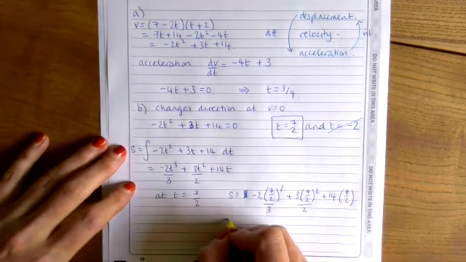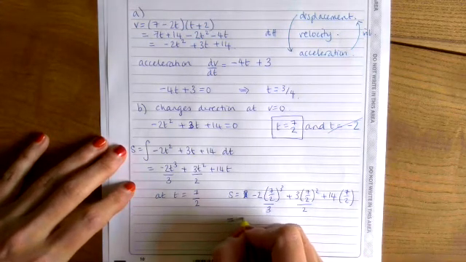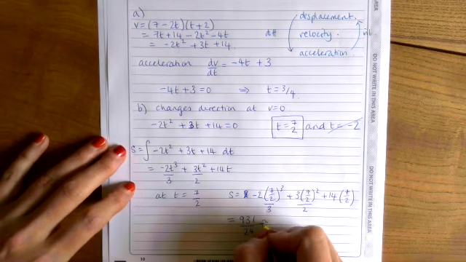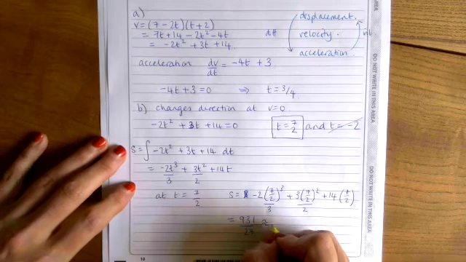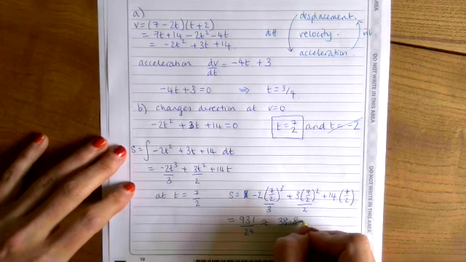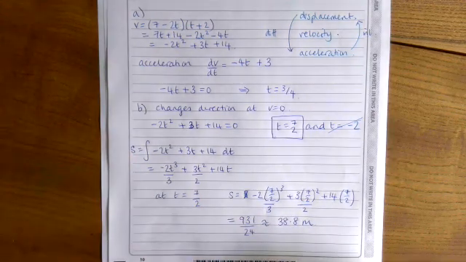And that comes out as 931 over 24, which is around, if I round it, 38.8 meters. Okay, so that's question 2 done.